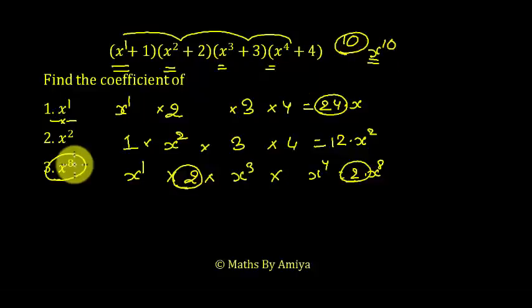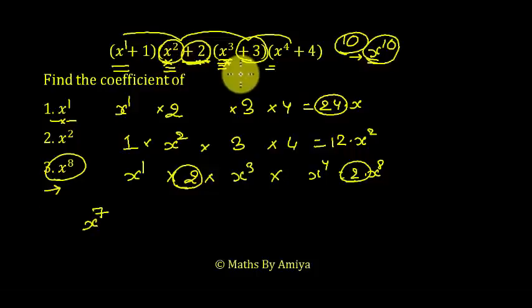If we want x8, it means we want to miss x square. If we want to miss x square, it means we want to take the constant term. The other logic behind x8 means we want to miss x square from x10. If we want to miss x square, take the constant term, and the constant term is nothing but 2. So the coefficient of x8 is 2. That is the concept behind the missing term. I hope it is clear.